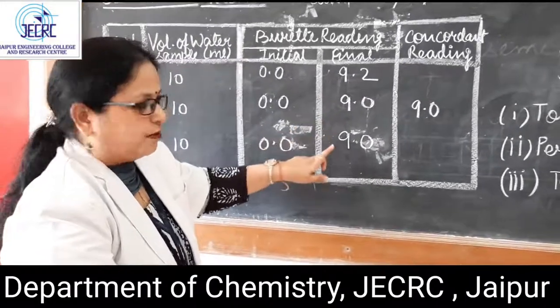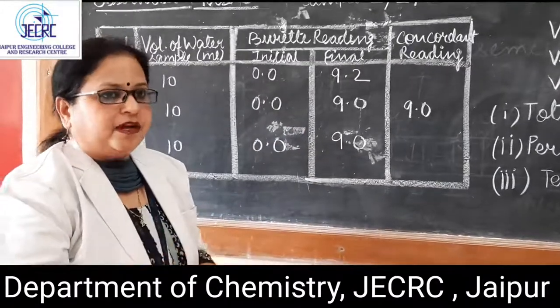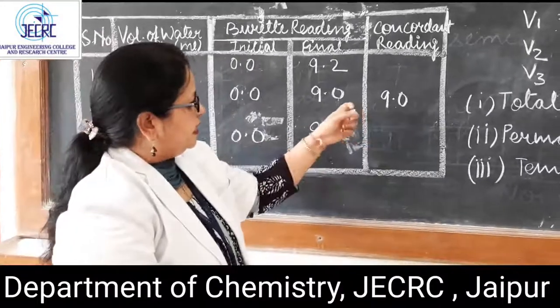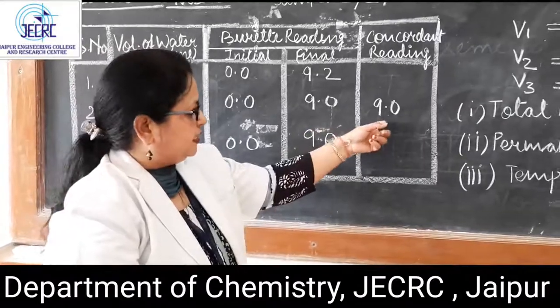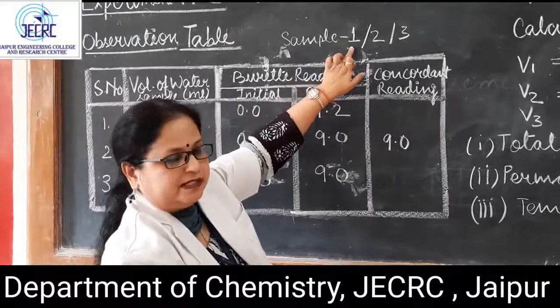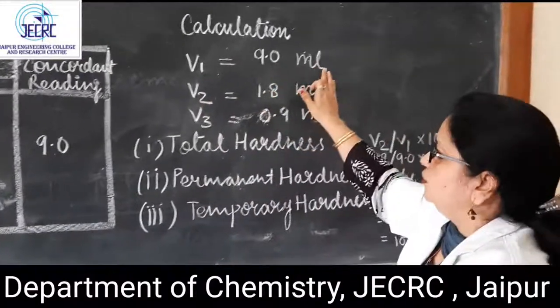We have written only 3 readings, but you may take any number of readings to get the concordant reading. Two continuous same readings are concordant. So it comes 9.0 for the standard water sample, and we have noted V1 as 9.0 ml.